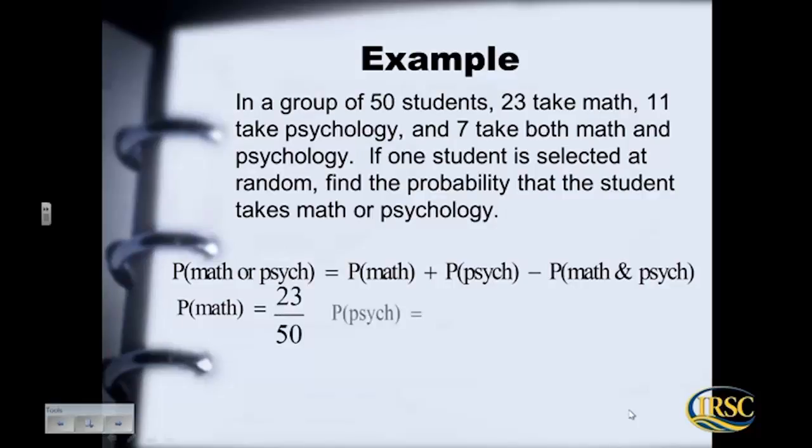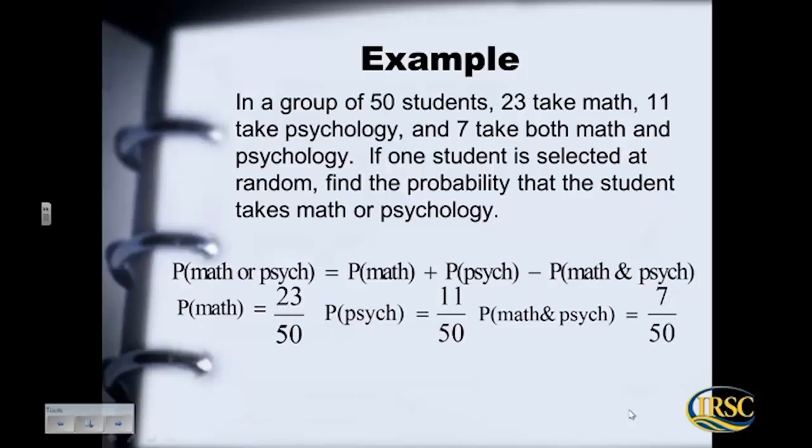What is the probability that the student takes psych? Okay, 11 over 50. Okay, and then the probability that they take both? 7. Yeah, I'm not putting it into the formula quite yet, just identifying each probability individually.